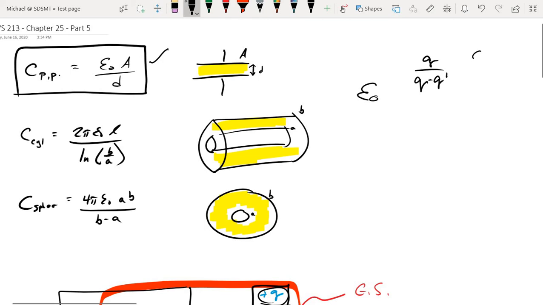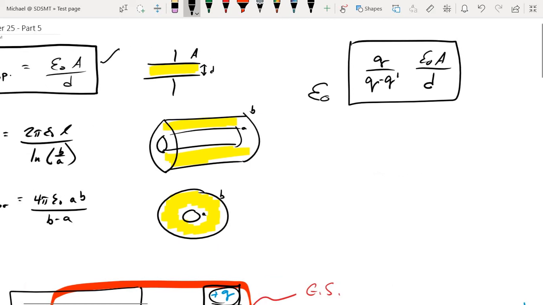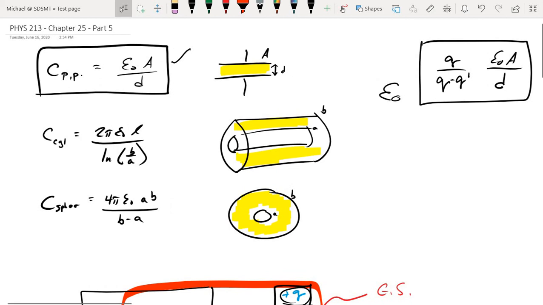And this is what we got for the capacitor that actually had some material between the two plates. The only difference between the two expressions is this charge ratio.